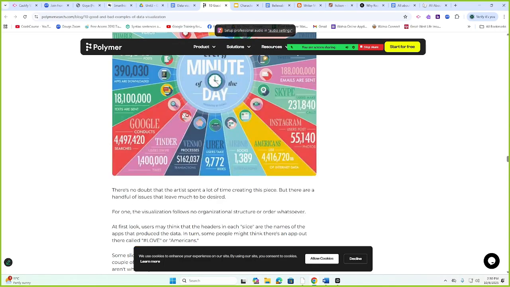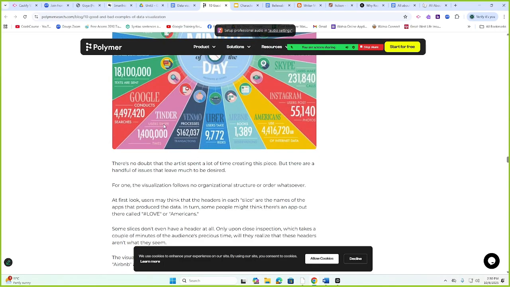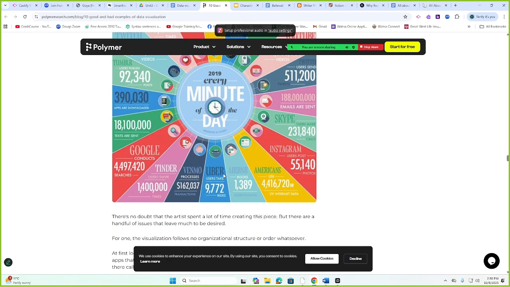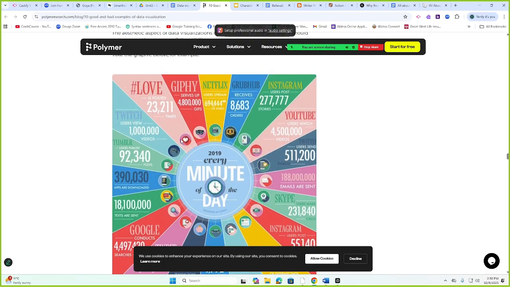These are all different. Uber, service organizations, I guess that's what you would call them. And each one has a little icon here. Really hard to compare them for one thing. Just a bunch of data. You could probably do as good a job by putting everything in a list.